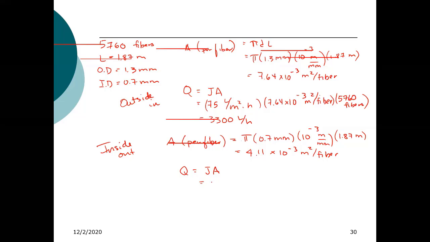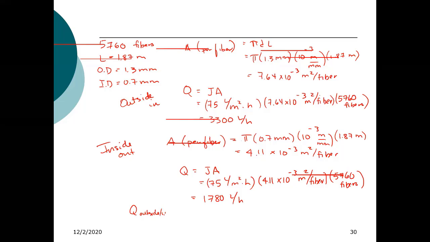So that is equal to 75 liters per meter squared per hour times the 4.11 times 10 to the minus 3 meters squared per fiber times the number of fibers, and that is equal to 1,780 liters per hour.